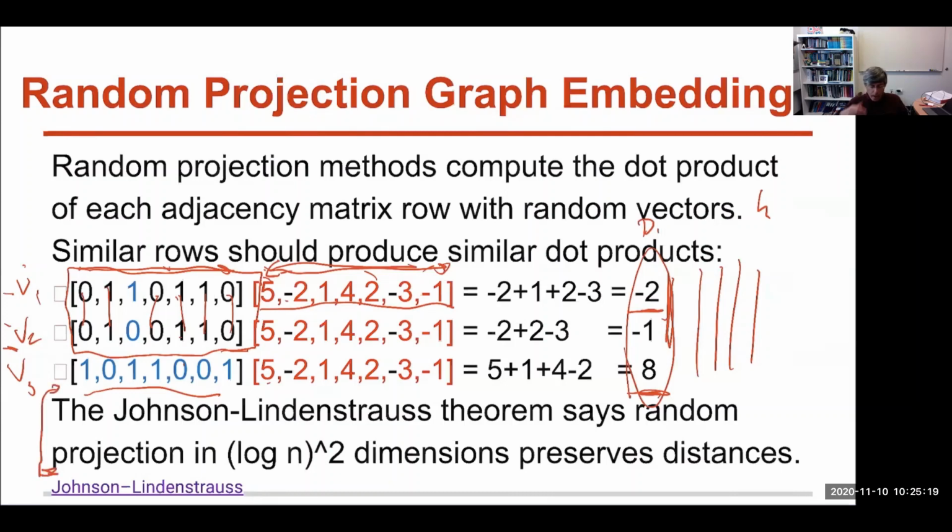There's a famous theorem called the Johnson-Lindenstrauss theorem that says if you take n points in space and you project them down by multiplying them by random vectors into log squared n dimensions, nearest neighbors and the relative distance between points is generally going to be preserved. So this is another way to compress matrices to develop features, to develop embeddings that we can use for our nearest neighbor methods and machine learning models.